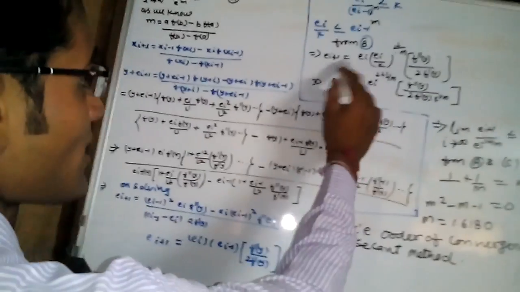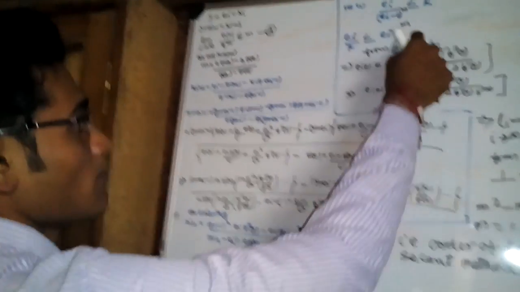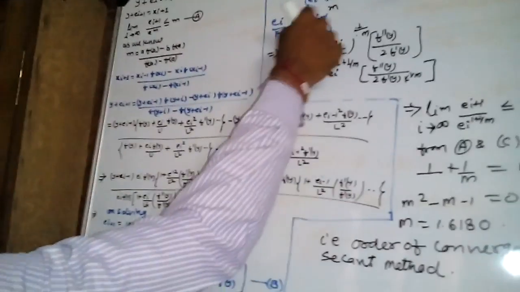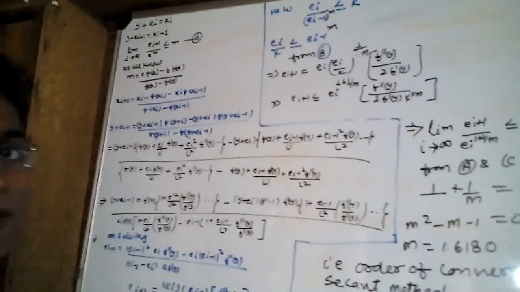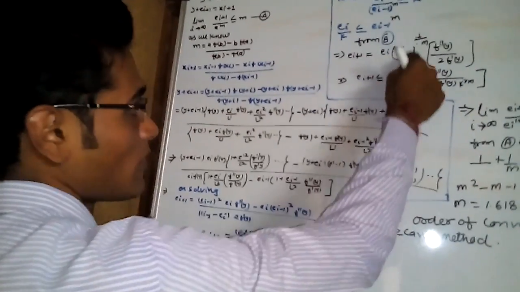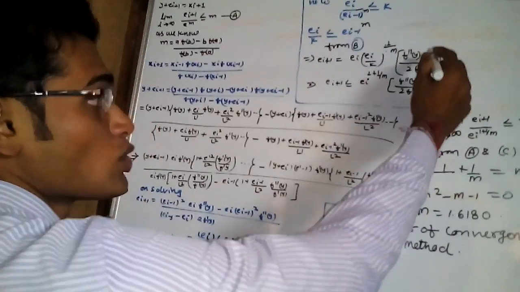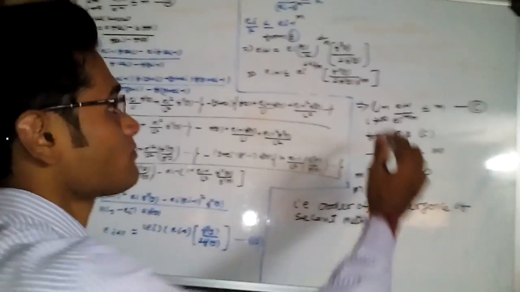So from equation B, we have ei plus 1 equal to ei multiplied by ei upon k to the power 1 upon m, meaning when we find the value of ei minus 1 from this step, we have it in the form of ei upon k to the power 1 upon m multiplied by f double dash y to f dash y.